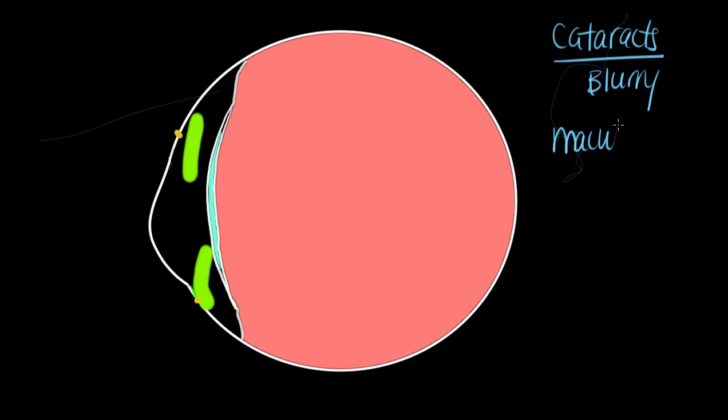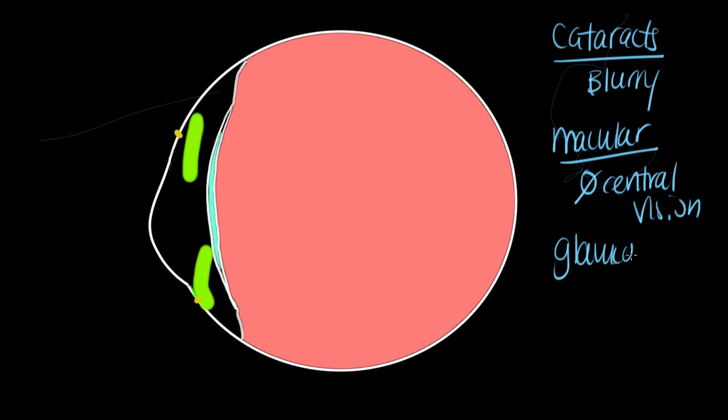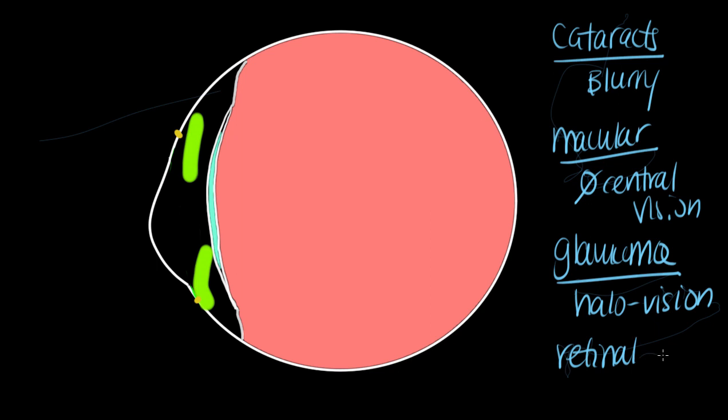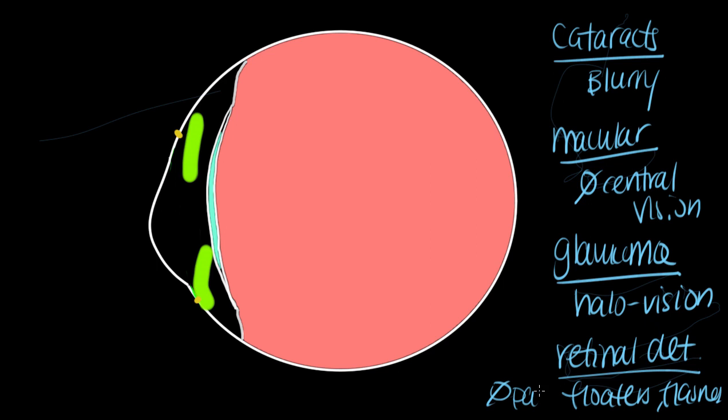In macular degeneration, we lose the central vision. In glaucoma, we have that halo vision, and that means we lost our peripheral vision. And in retinal detachment, think about those floaters and those flashes, but most importantly, it's not a painful event, okay?